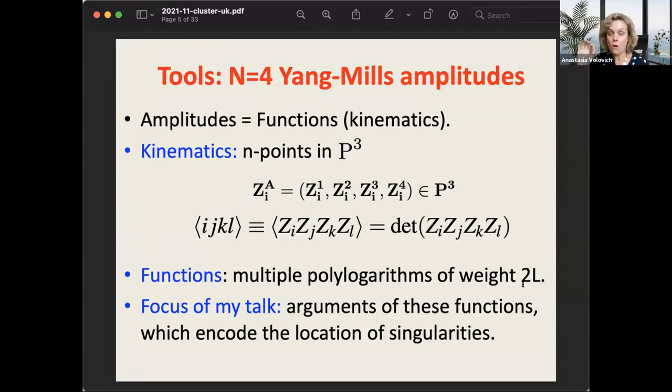Now, many things have been studied in the past several years, but I'm going to be very focused in this talk. The focus of my talk is going to be the arguments of these functions. I will just talk about the singularities, a well-defined set of the singularities of these functions.